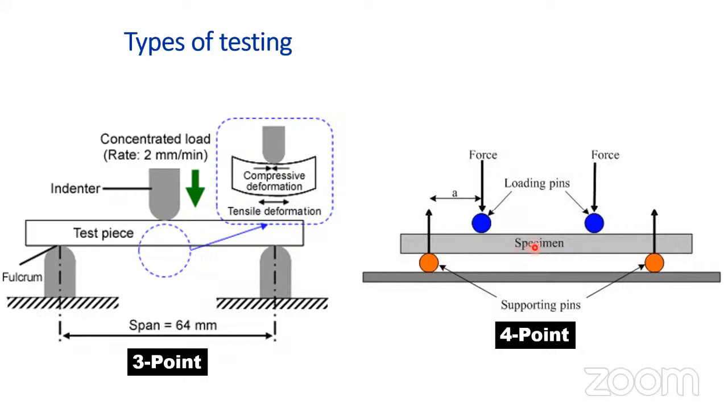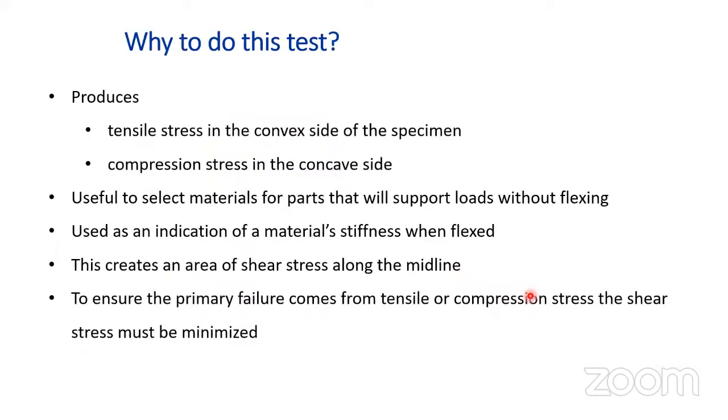This is the 4 point bending. Are you getting it? Yes, sir. This is the general representation of 3 point bending and 4 point bending. Again, we will see it in some detail.